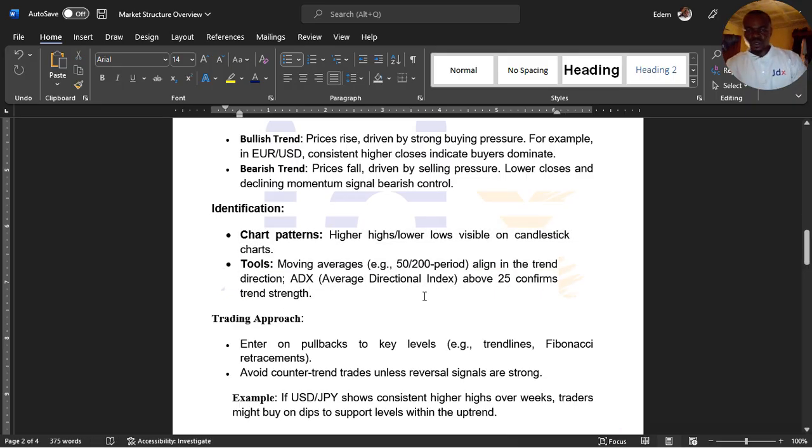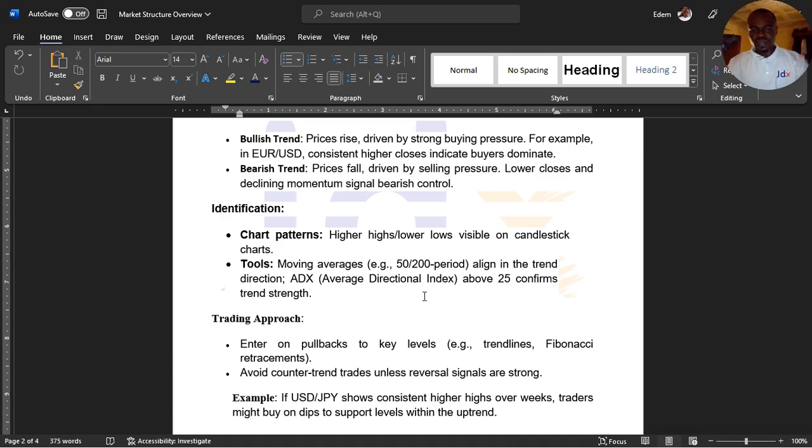For chart patterns, in a trending market you always have higher highs and higher lows for an uptrend, visible on the candlestick chart. If you're using tools like indicators, you make use of moving averages, such as the 200 period or 50 period, as the case may be, depending on the type of trend you're looking at, with price aligned in the trend direction.